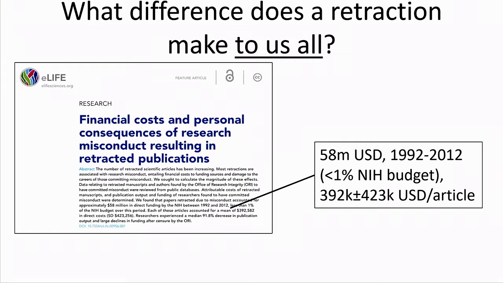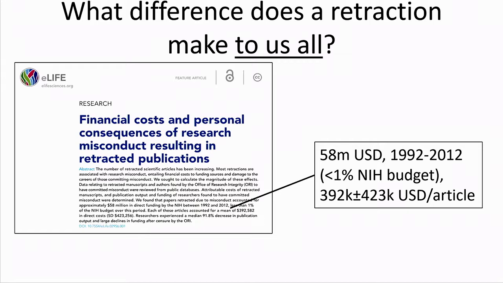As you can see, their conclusion was that overall, the total costs were about 58 million, which amounts to less than 1% of NIH's budget, and the average cost per retracted article was rather substantive, almost $400,000, but you can see with a huge standard deviation.